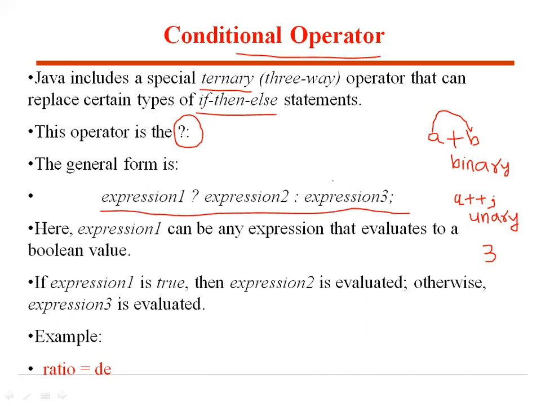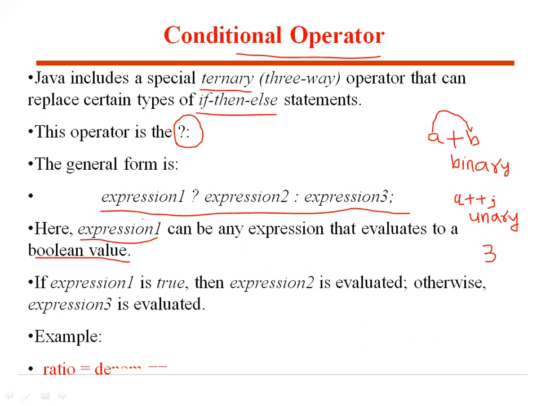So how is this statement evaluated by the compiler? First, expression 1 is evaluated. The value of expression 1 is calculated, and finally it should return either a true or false value. It should return a Boolean value, please remember.